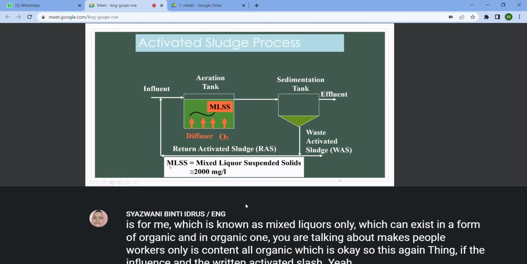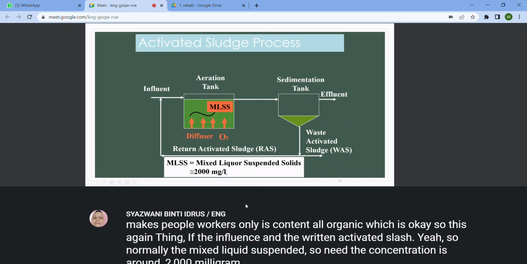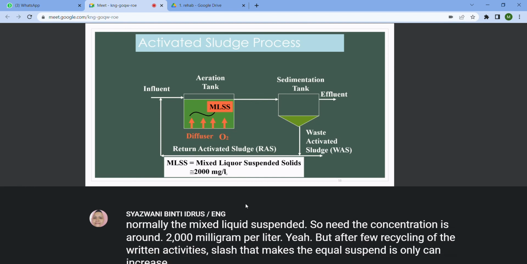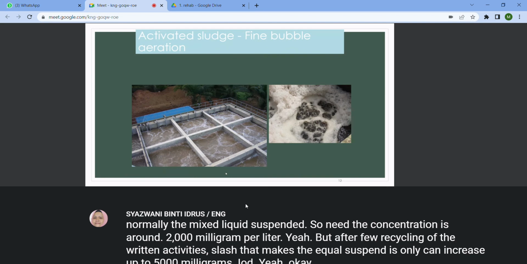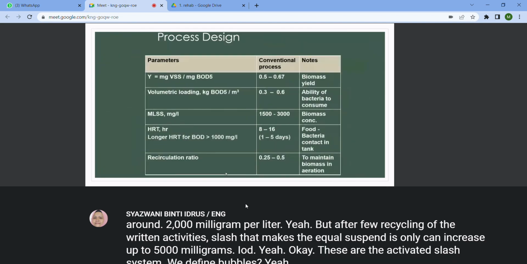Normally the MLSS concentration is around 2000 milligrams per liter, but after a few recyclings of the return activated sludge, the MLSS can increase up to 5000 milligrams per liter.